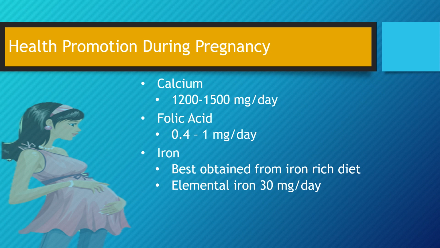Folic acid is needed to prevent neural tube defects, and ideally your patient should be taking it 3 months prior to conception. Iron is best obtained from the diet, but you can give elemental iron of about 30 milligrams per day. You will also want to encourage increasing fiber to avoid constipation, and increasing fluid intake to at least 8 to 10 glasses of water per day.